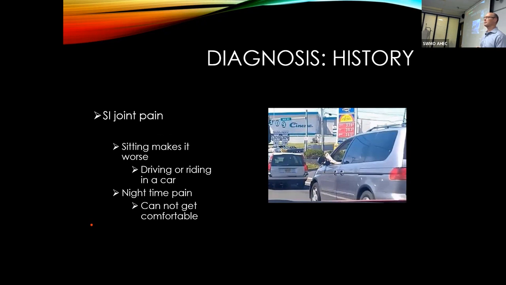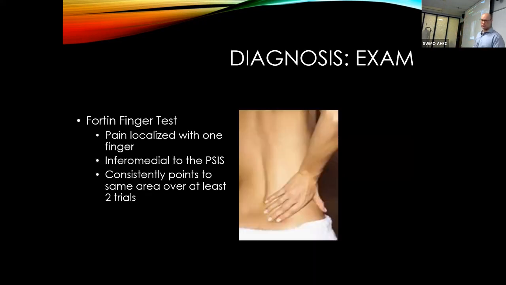They have pain when they drive, pain when they ride in a car, they have pain at night, can't find a comfortable position to sleep in. That person has their leg out of the car because they're not in a comfortable position when they're driving. So if it's worse with sitting, that really moves SI joint pain up on my differential.